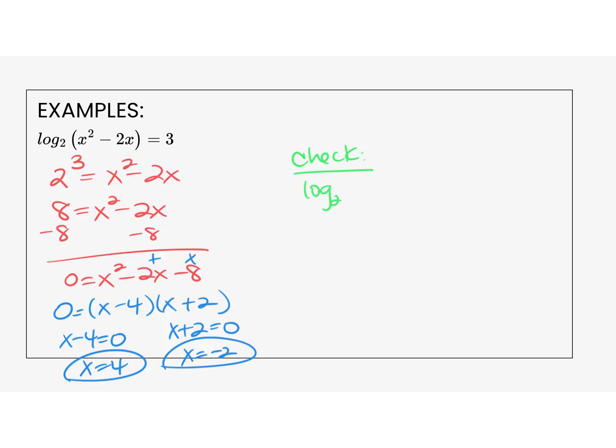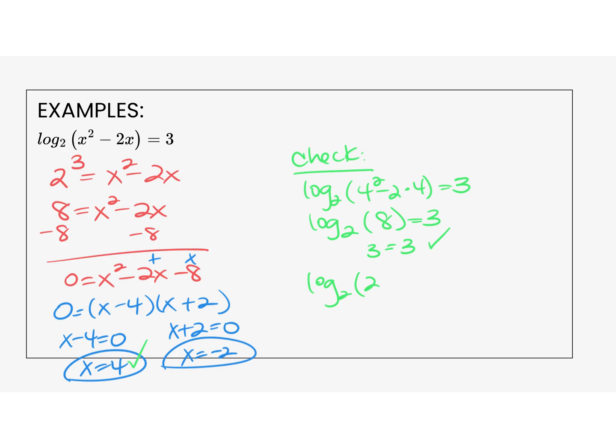So log base 2 of 4 squared minus 2 times 4 equals 3. So that's 16 minus 8, which is 8. And log base 2 of 8 is 3, so 3 equals 3. Okay, so 4 works. Let's check negative 2.